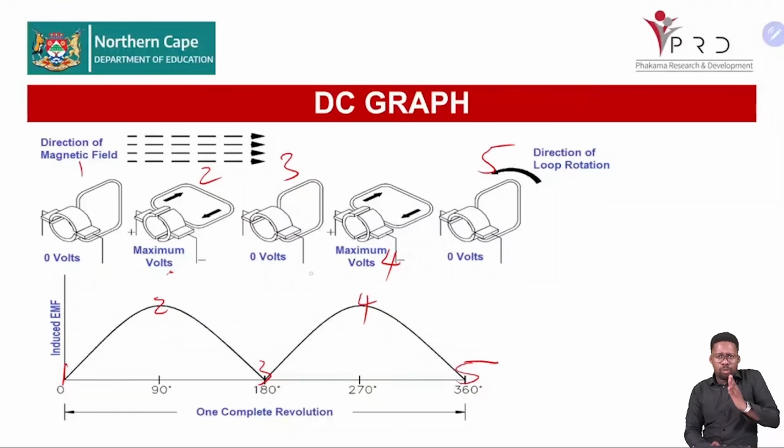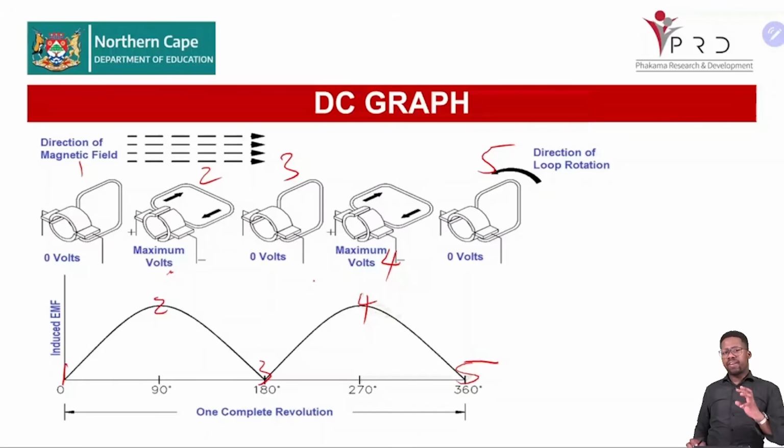When the coil is perpendicular, we'll have 0 EMF. Then the coil will continue to rotate until it is parallel. When the coil is parallel, we're going to have maximum EMF. Then the coil will rotate till it is perpendicular.